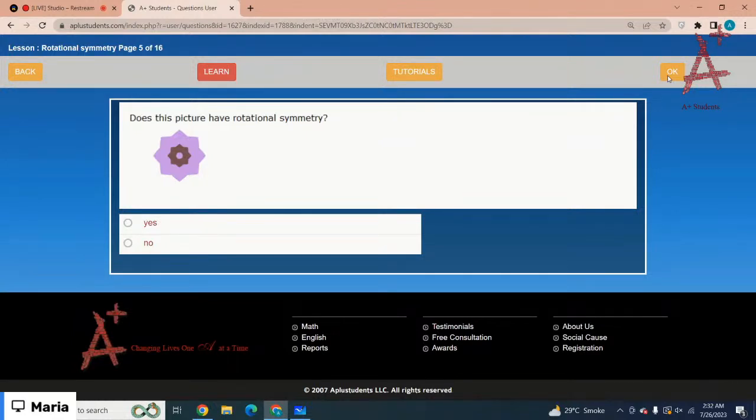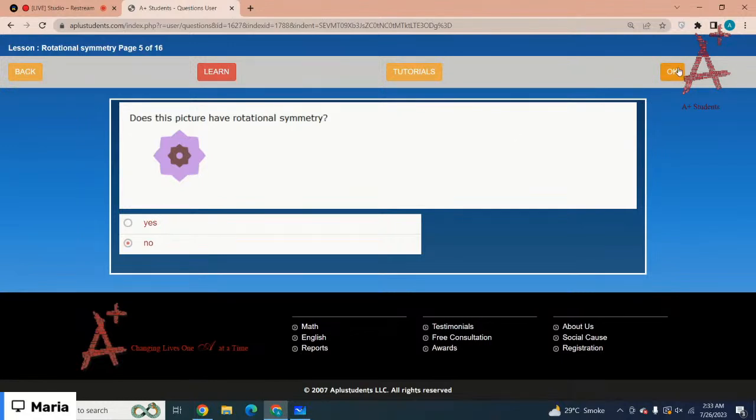Does this picture have rotational symmetry?